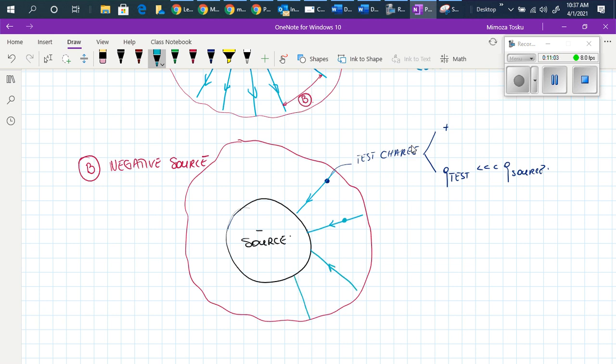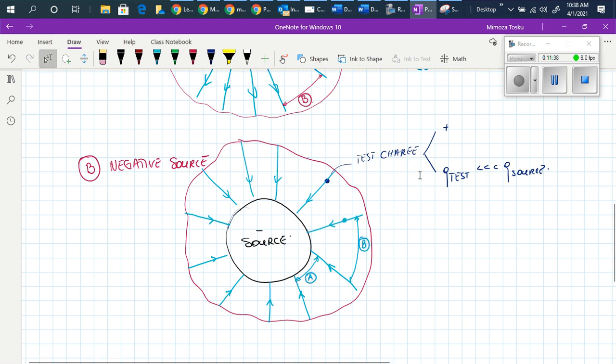So again, this is the configuration of the negative source, which is very similar to the configuration of the gravitational field. And again, we notice the same thing, that closer to the surface of the source, the field is stronger than away from the source, which is area B in this case. So we see that as the distance from the source is increased, the electric field strength is decreased.